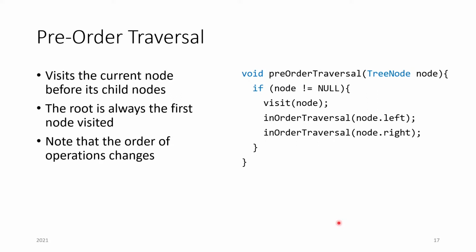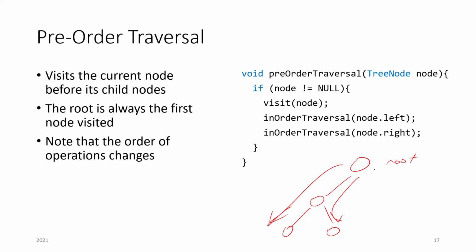Pre-order traversal is where you visit the current node before its child nodes. So you start with your root node, and then you go to each of the child nodes. If I illustrate this, we'll be at the root, and then we'll go down the left tree, spanning this way, and then this way.